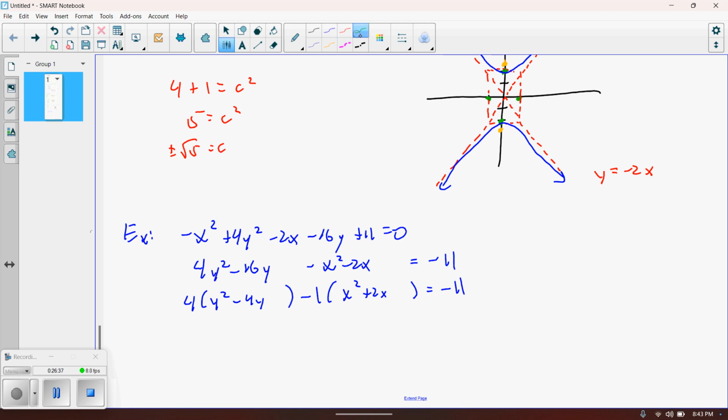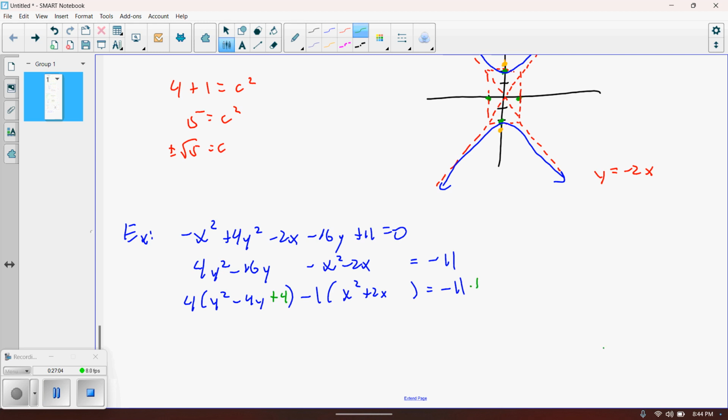And now we've got to figure out what we're going to do to complete the square. So in the y part, we're going to divide the linear term, the negative 4y, by 2, and we're going to get negative 2. Squaring that, it becomes plus 4. So I just added 4 inside that parentheses on the left side, but really technically I've added 16 because I have to distribute the 4 that I factored out back in.